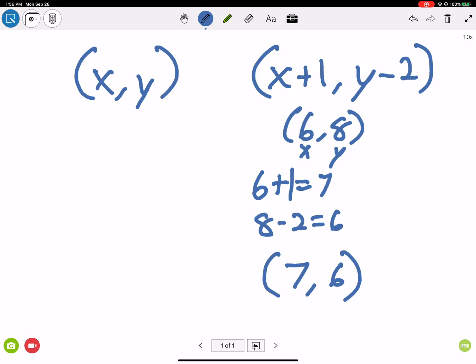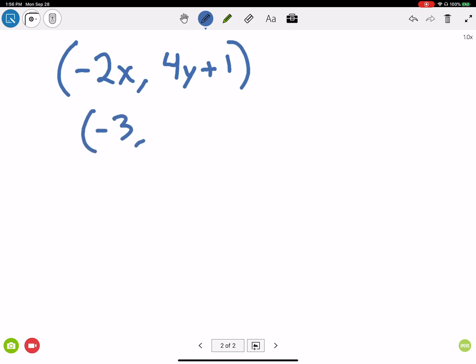And that's it. I could give you a rule that says, let's do negative 2x, and then let's do 4y plus 1. Let's say that my coordinate is negative 3, comma, negative 2.